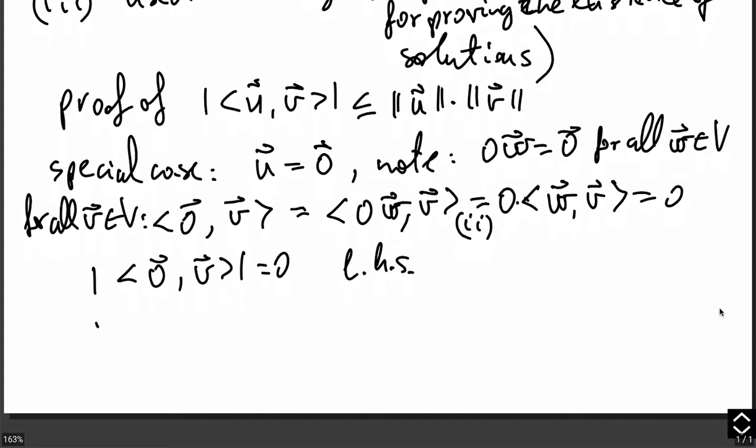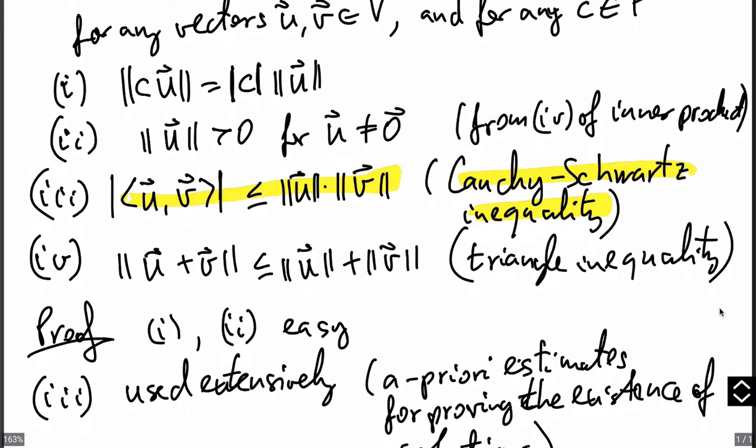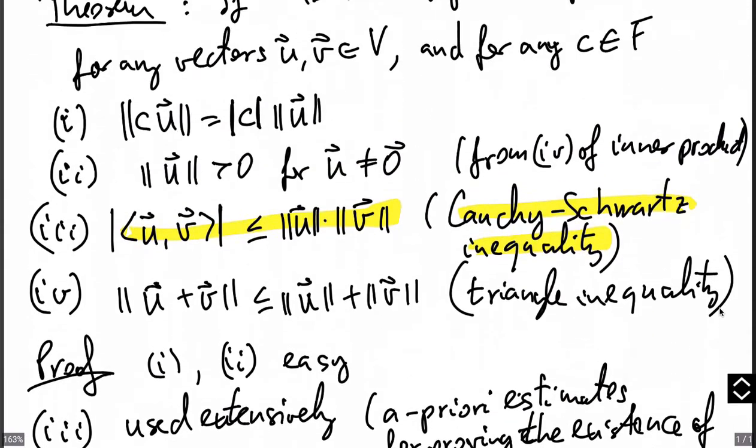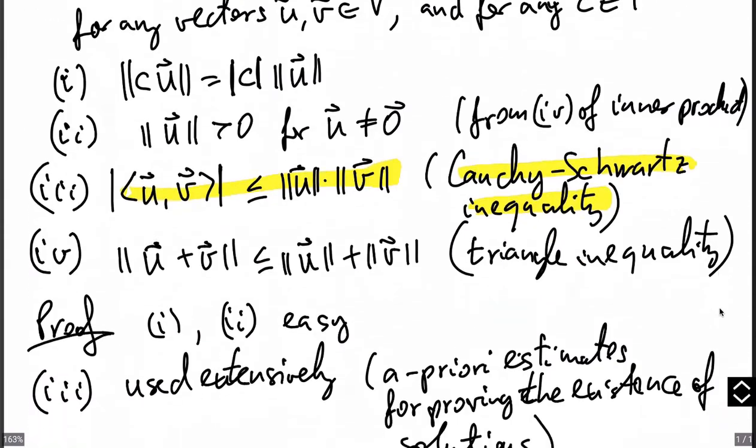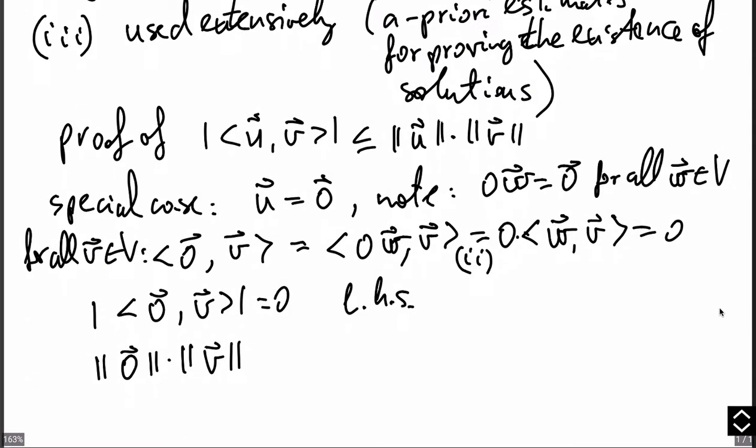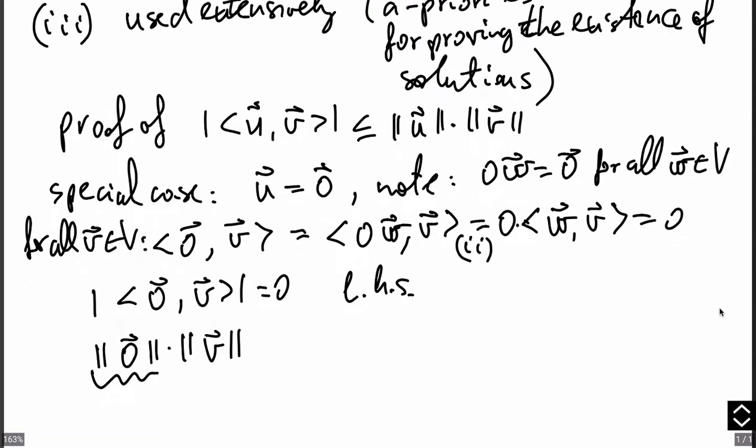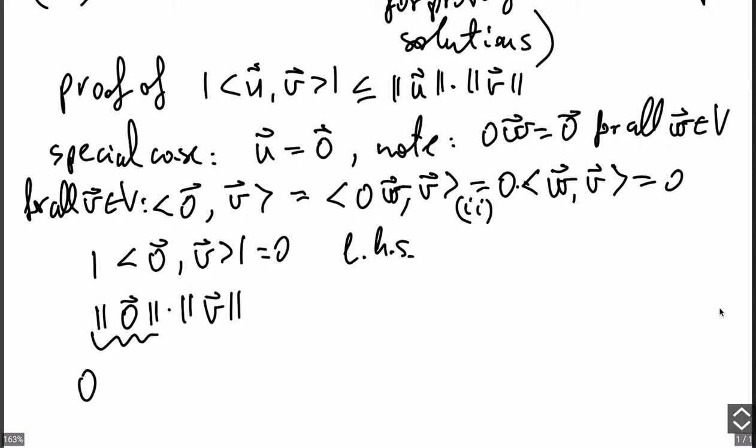And then on the right-hand side, we have the length of the 0 vector multiplying the length of the v vector, but according to the second property, if we take the 0 inner product by itself, and then we take the square root, this will be 0.